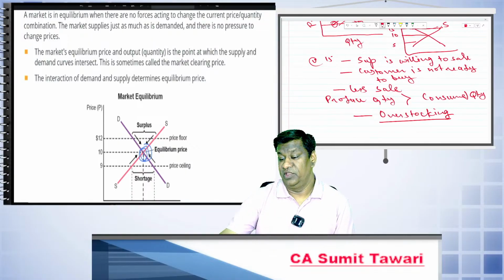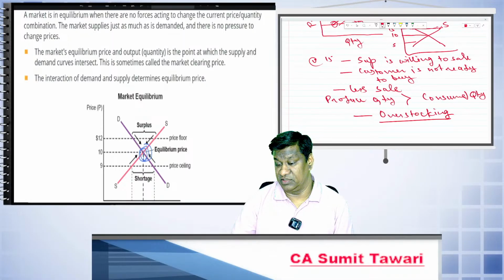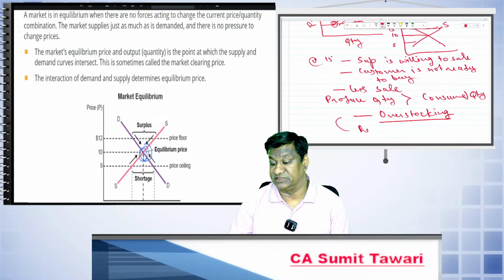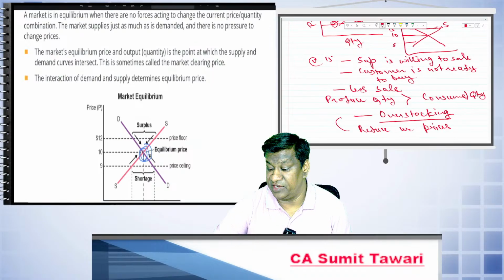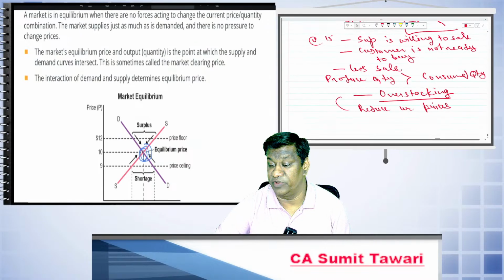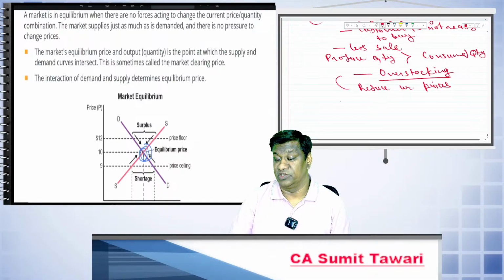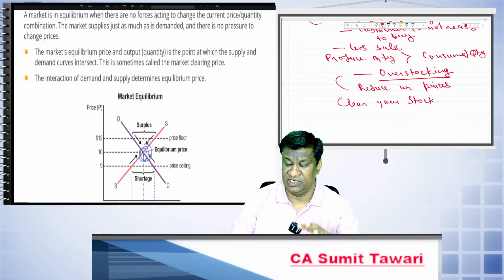So once you come to a situation of overstocking, then you need to reduce your prices, and then see whether customers are willing to accept those prices, and you need to clear your stock.